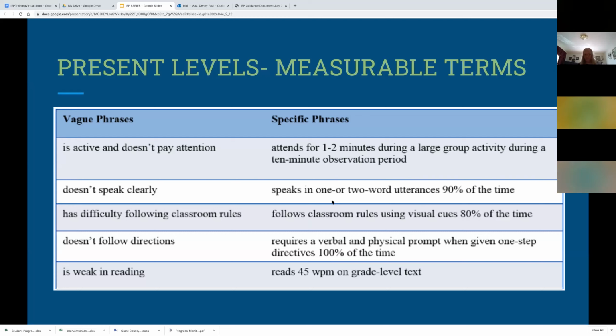What do you notice that's different about the specific phrases on the right from the phrases on the left? What is very clearly different, just in a general sense?